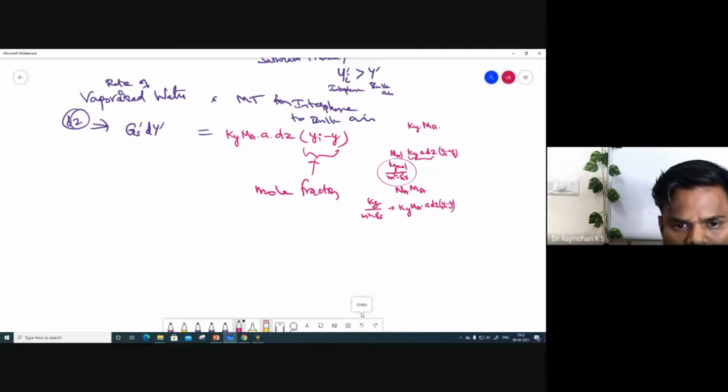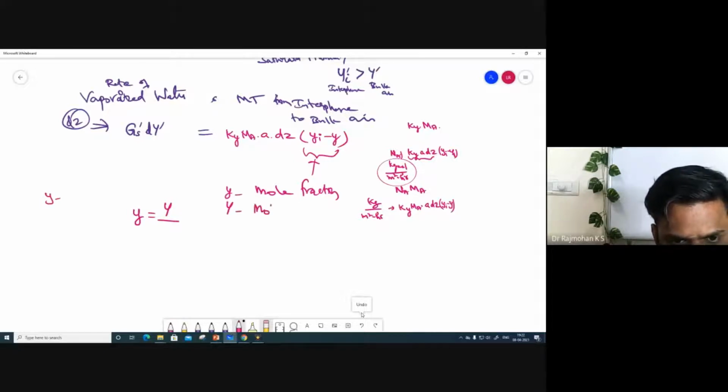Okay, so how to express this in terms of mass ratios? Let us get back to the basic definition. Small y is mole fraction, capital Y is mole ratio.